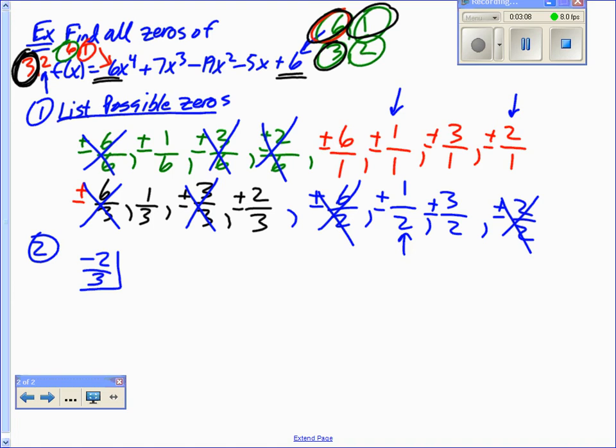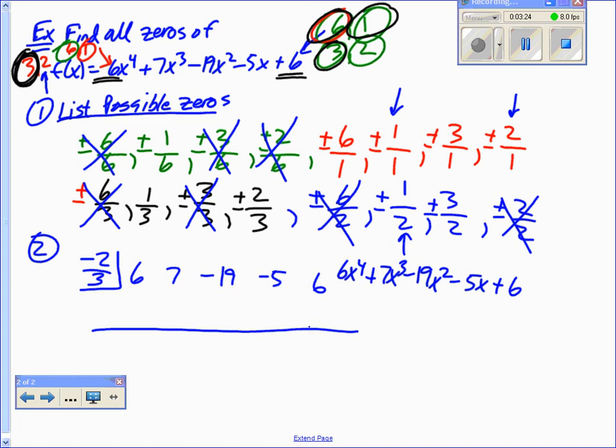What we're doing is we're factoring this 6x to the 4th plus 7x cubed minus 19x squared minus 5x plus 6. So I got 6, 7, negative 19, negative 5, and 6. Okay, so that's 6. That's negative 2 over 3, negative 4, that's 3, negative 2, negative 21, that would be 14, 9, 6, 0. There we go.